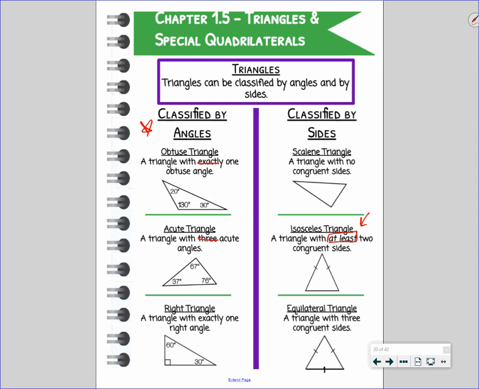An equilateral is an isosceles all the time because it always has at least two congruent sides. But an isosceles triangle isn't always equilateral. It's equilateral if it also has that third congruent side, but if it only has the two congruent sides, then it's just isosceles.